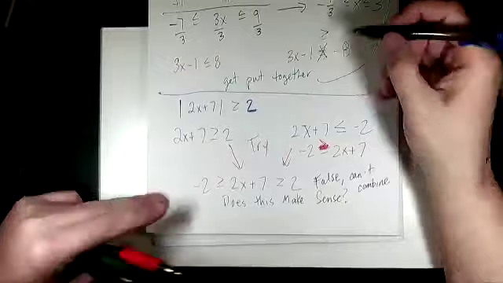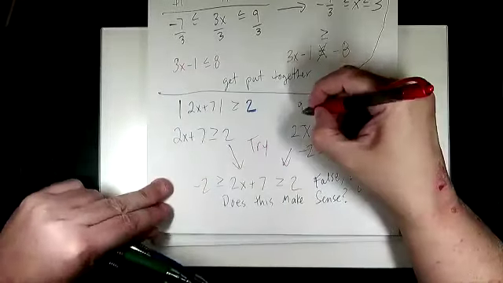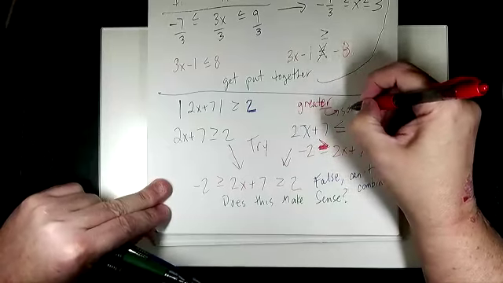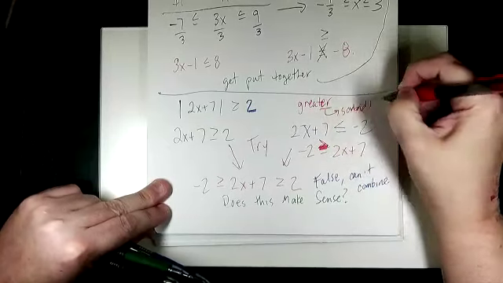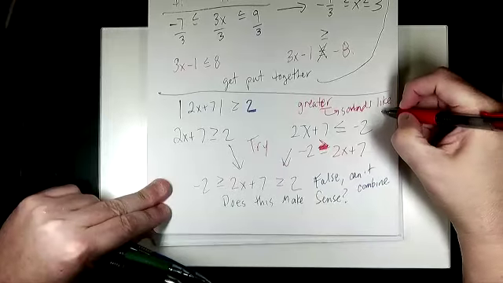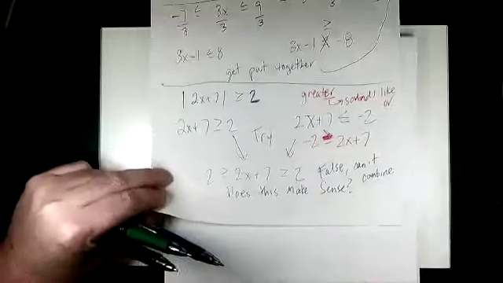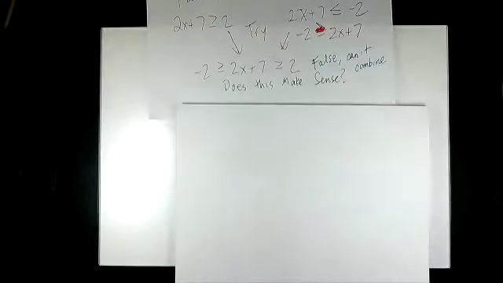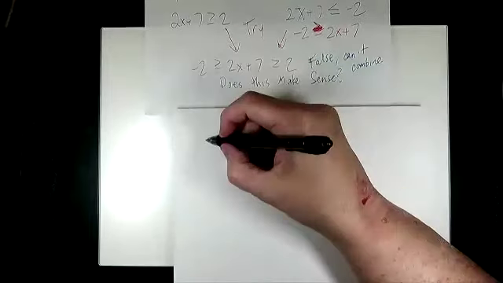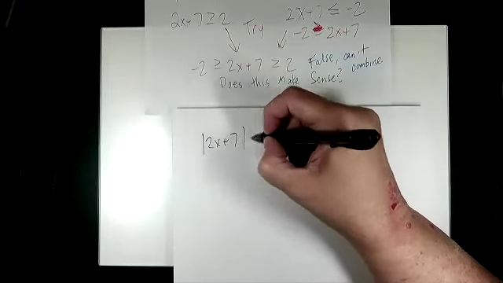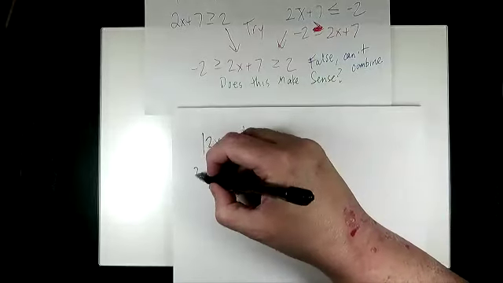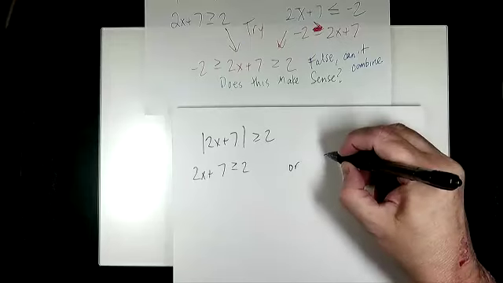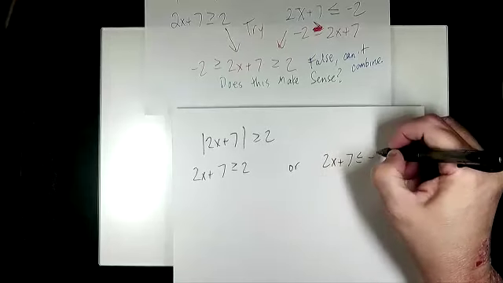The way I remember this one, easiest, greater or greater. This sounds like "or." It's a stupid mnemonic, but it works. So the less than sounds like "and," the greater sounds like "or." So the absolute value of 2x plus 7 greater than or equal to 2 gives us 2x plus 7 is greater than or equal to 2, or 2x plus 7 is less than or equal to negative 2.